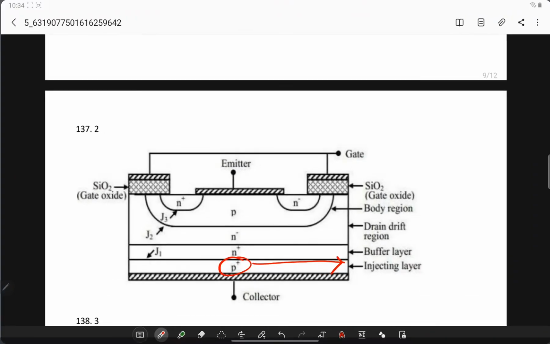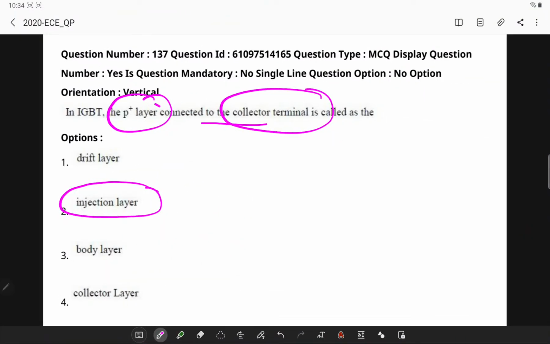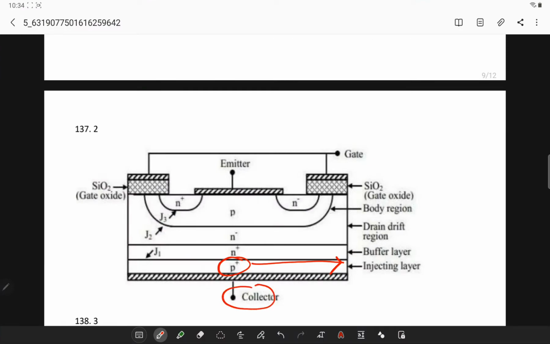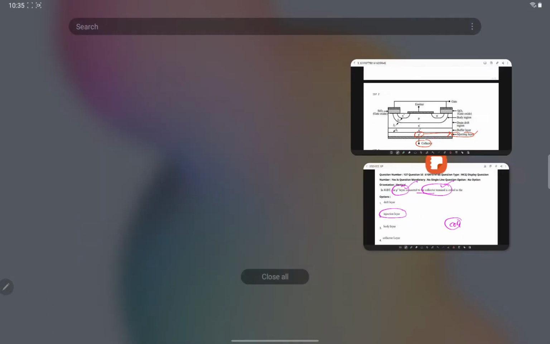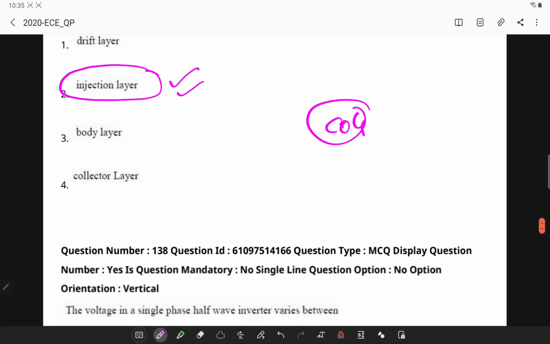Now see the question: the P plus layer connected to the collector terminal. The collector is at the last. So this is your collector terminal and this is your P plus layer. So you have the injecting layer, which is the one needed in the question.